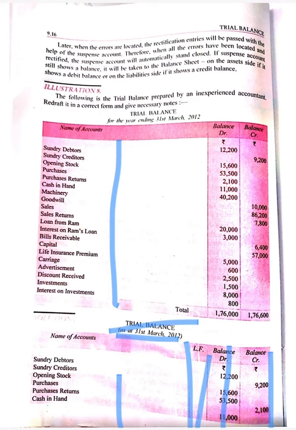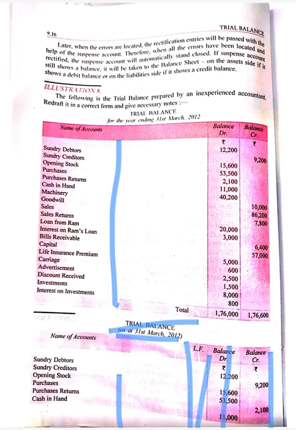Sundry creditors, it's a liability, so it will be credited. Opening stock, debit. Purchase, debit. Purchase return, credit. As I have discussed earlier, purchase return will always be on the opposite side from purchase, and sales return will always be on the opposite side from sales.